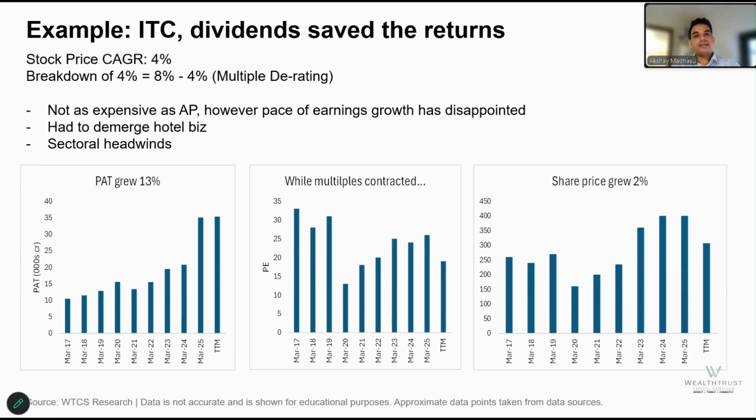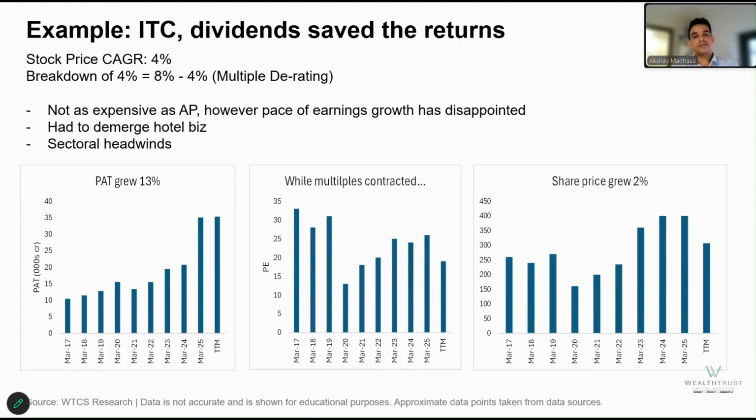However, ITC is the other example wherein the earnings were healthy, but the multiples derated broadly. In the case of ITC, the PAT has grown by about 10 to 12% over the past 10 years. The multiples, on the other hand, have contracted by about 5-6% over the past 10 years. That has impacted the share price, and the share price has grown by about 3 to 4% over the past 10 years.